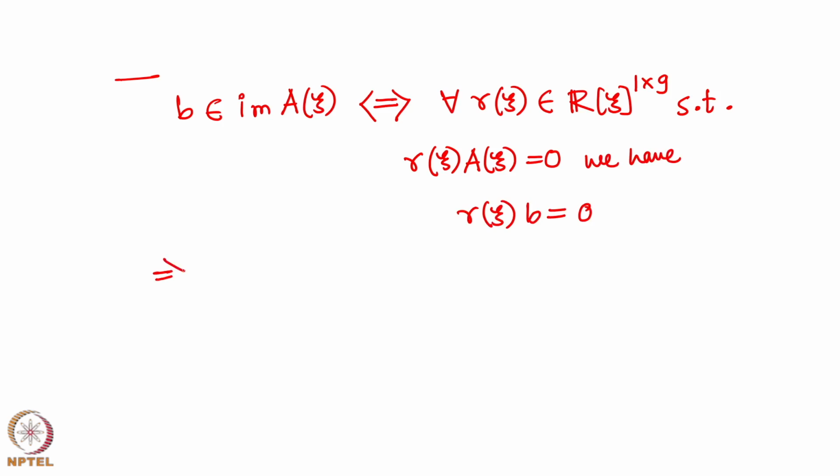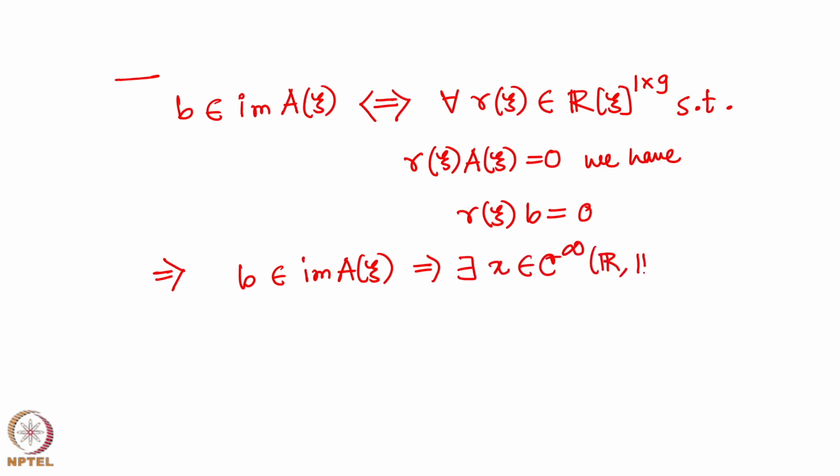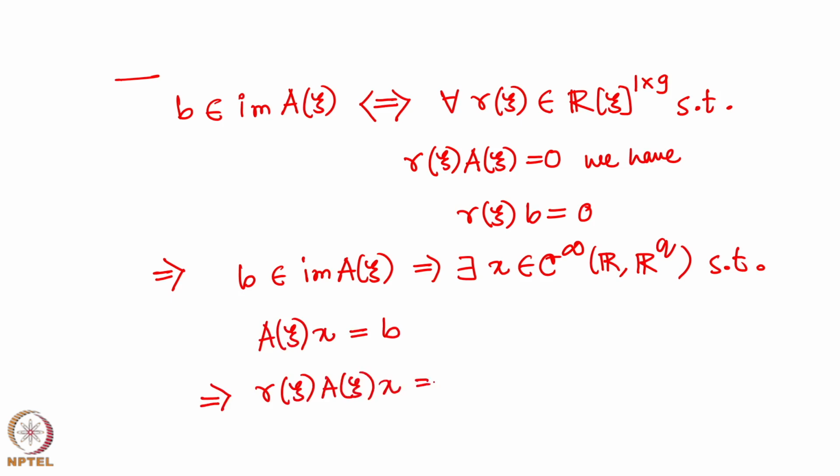First, this direction is actually very simple. Since B is in the image of A(ξ), this implies there exists an x which is a C infinity function such that A(ξ)x is equal to B. This implies R(ξ)A(ξ)x is equal to R(ξ) acting on B, but this as a polynomial is the 0 operator.